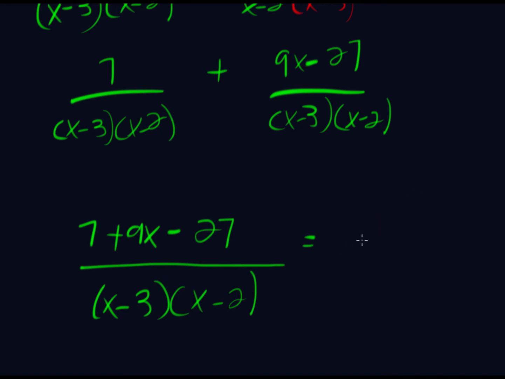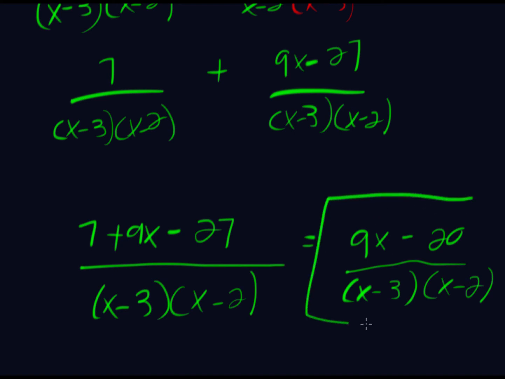So that would be 9x minus 20, all over x minus 3 times x minus 2. And that would be our final answer.